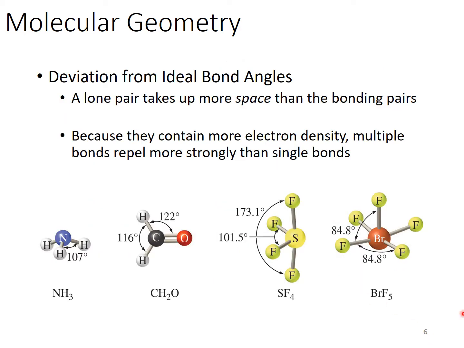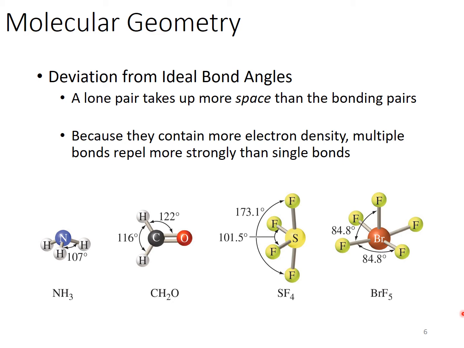So there will be times where we deviate from the ideal bond angle, and we can justify this quite easily based on what we know about electron pair repulsions. What we're going to learn here is that a lone pair takes up more space than a bonding pair. This should be a little confusing because a lone pair is just 2 electrons, where a bonding pair has an atom at the other end. So you'd think an atom would take up a lot more space than just 2 electrons, which we know are tiny.